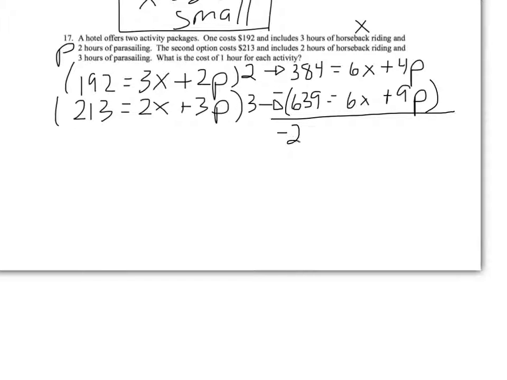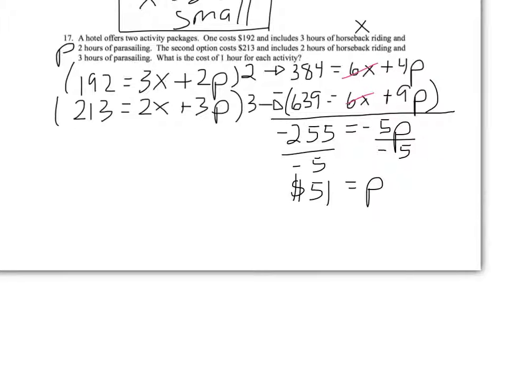So negative 255 equals, you'll see x, because that negative distributes through, 6x minus 6x goes away, and negative 5p. Divide both sides by negative 5, and you get the price of the parasailing to be $51.